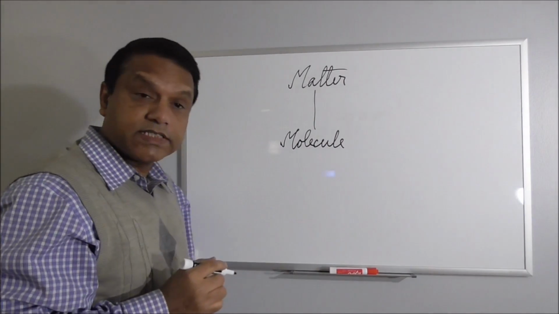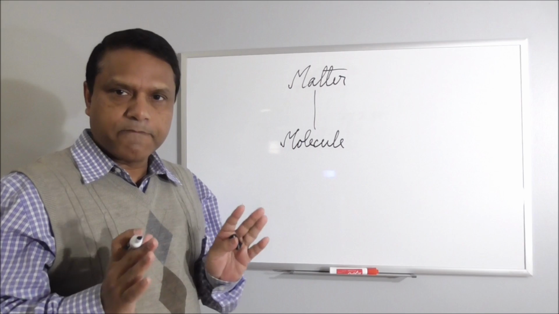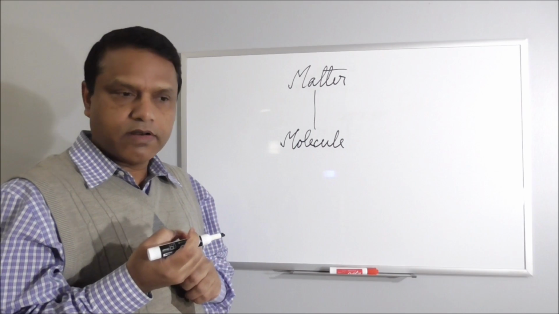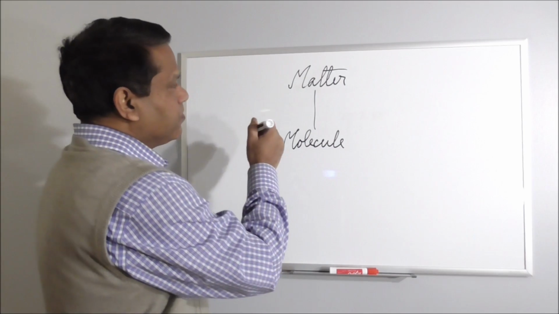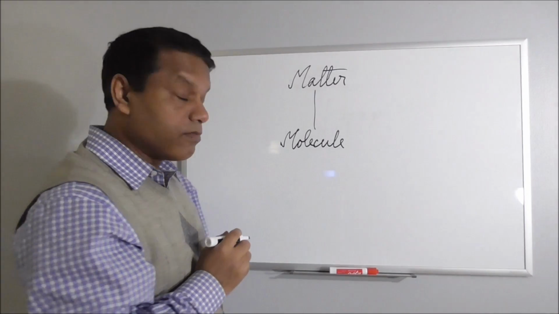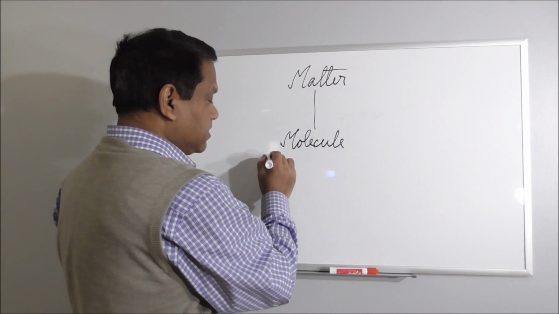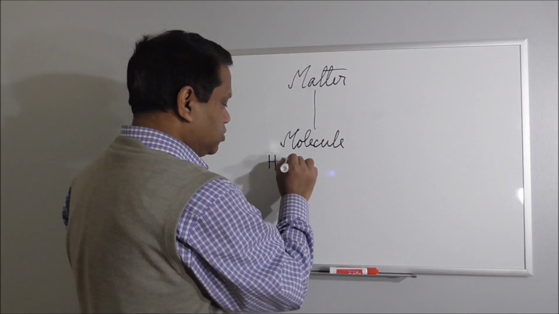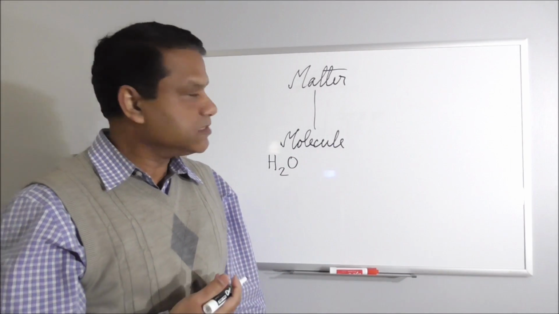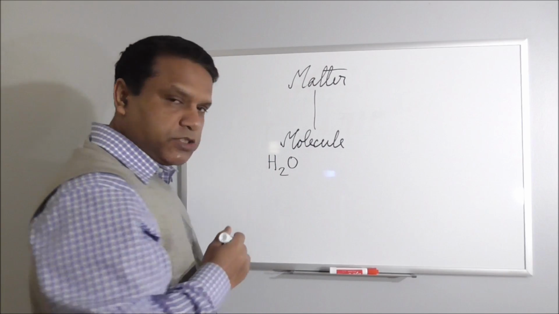An example, let's take water. If you break apart water, the smallest thing you can get to of water is called a molecule, and the symbol for a water molecule is H2O. You might have learned this in your chemistry class or some other ways. So what is H2O?